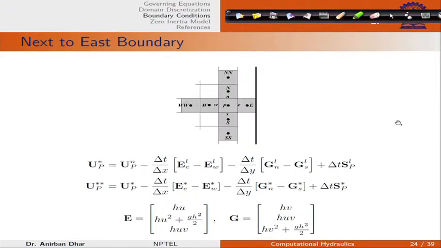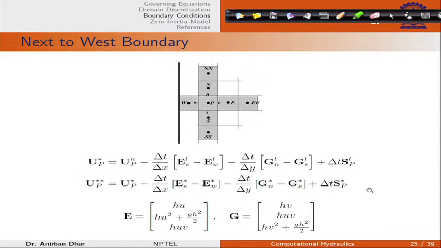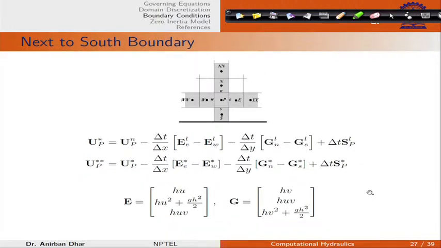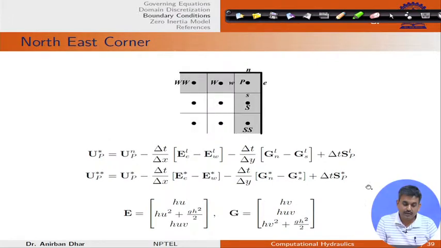for the no flow case. Next to the east boundary, we need to implement our governing equations there. Next to the west boundary, next to the north boundary, next to the south boundary, again we need to implement it, and the northeast corner.